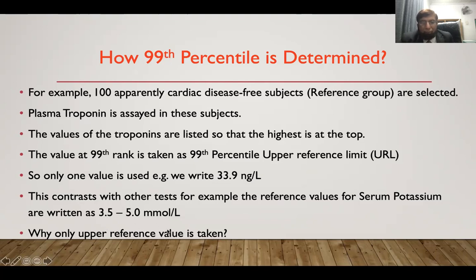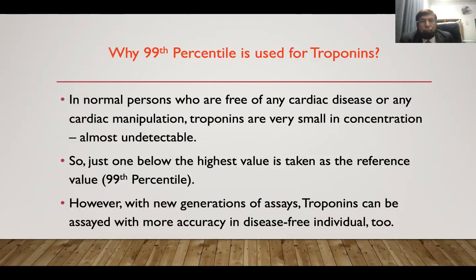Why is only the upper reference value taken? Let's see this aspect. In normal persons who are free of any cardiac disease or any cardiac manipulation, troponins are very small in concentration. They are almost undetectable. You cannot detect them. So just one value below the highest is taken as the reference value. We do not take the person who has the highest value, 100 percentile, but we take just one value below it.